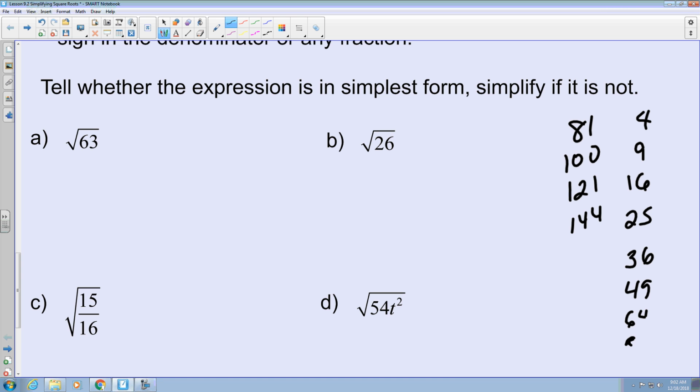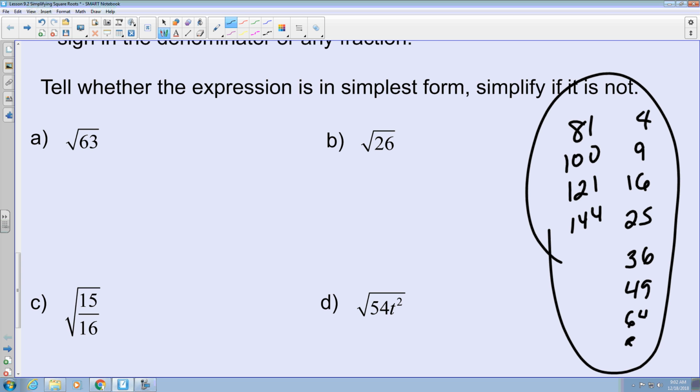We made that list yesterday to help us identify perfect square numbers, because if we took the square root of these numbers, we knew we would get an integer as the result.